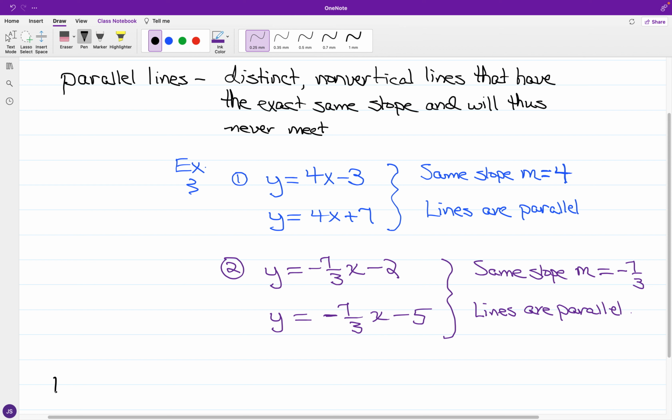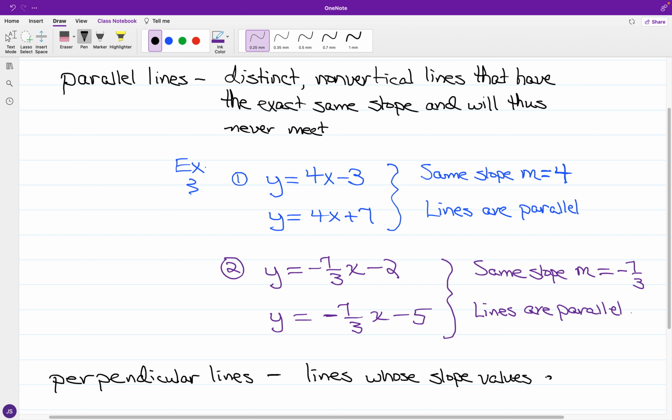Now, for what we have in the case of perpendicular lines, okay, now for perpendicular lines, you're going to have lines whose slope values are going to be opposite sign reciprocals.